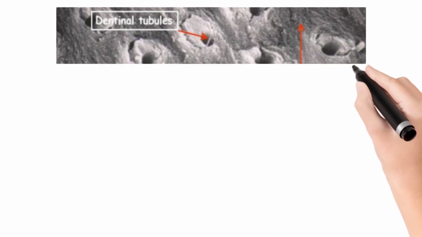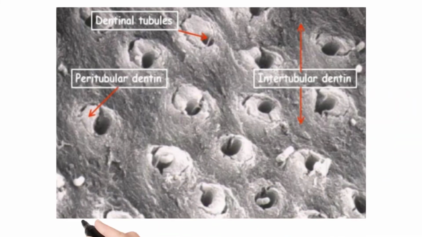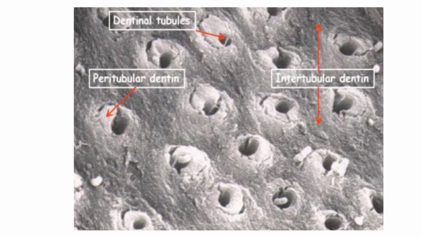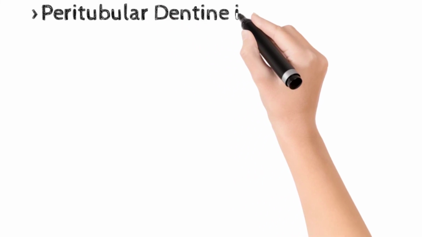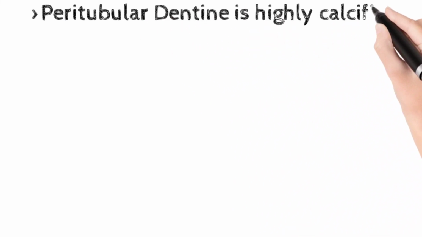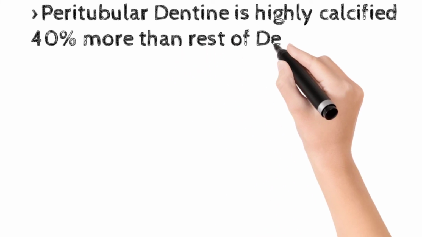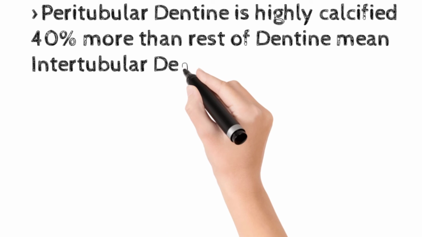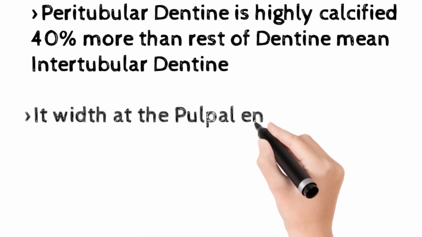Now come to the diagram. This is the dentinal tubule, and look at the right side, there is a peritubular dentine which forms the wall of the dentinal tubule but is present inside. Now, peritubular dentine is highly calcified, meaning 40% more calcified than the rest of the dentine, meaning intertubular dentine.